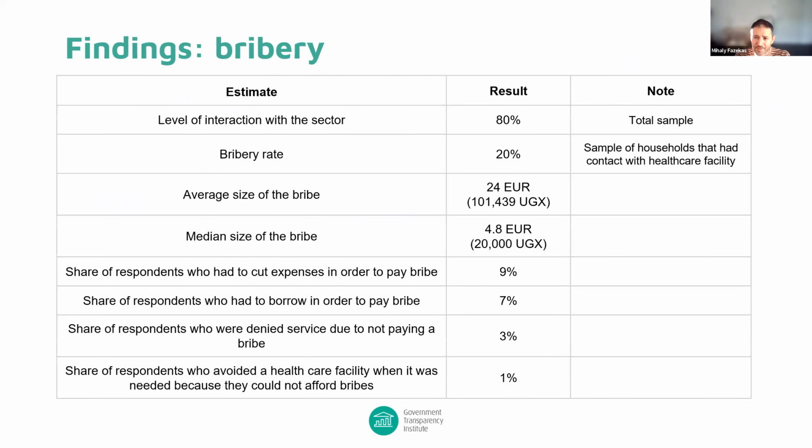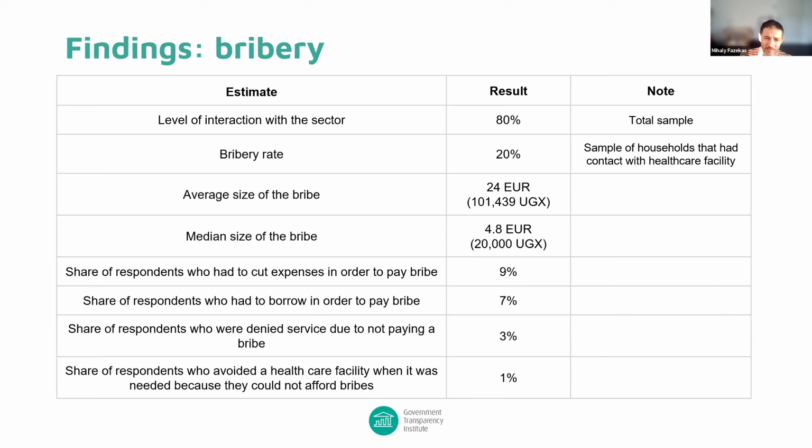Very quickly, some findings, and I will pass on the baton to Olena in a second. So when you look at our sample, so we surveyed on a number of public services, not just healthcare, but of our sample, 80% of the households had some level of interaction with the healthcare sector recently, of course, not in general.